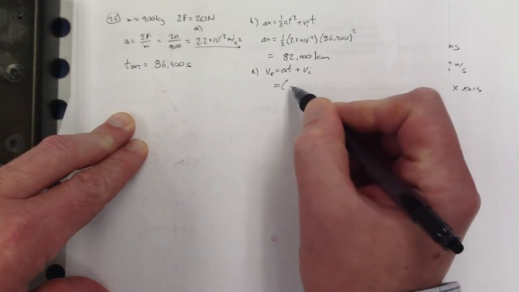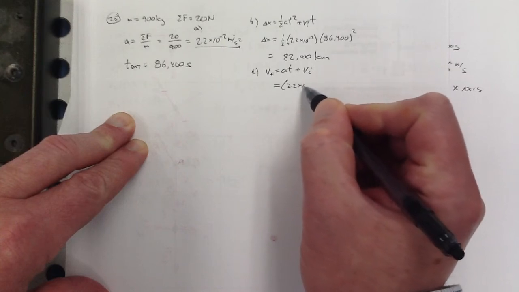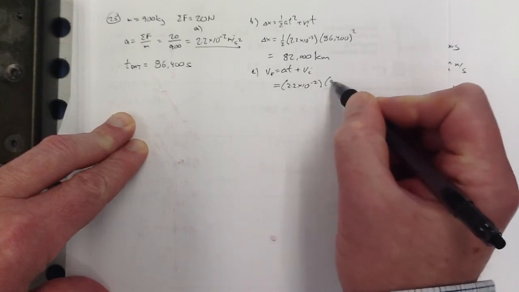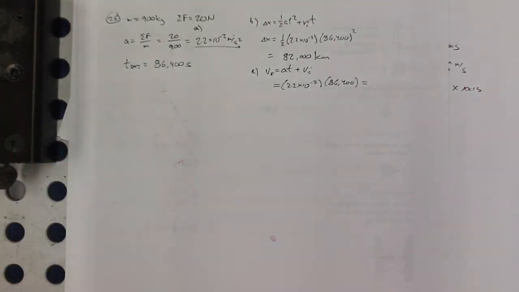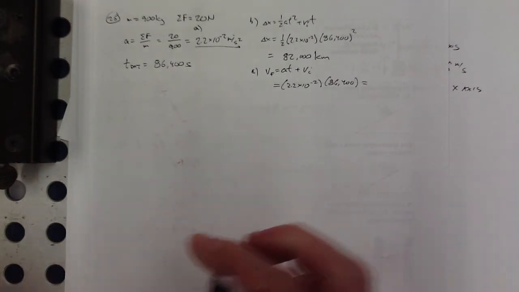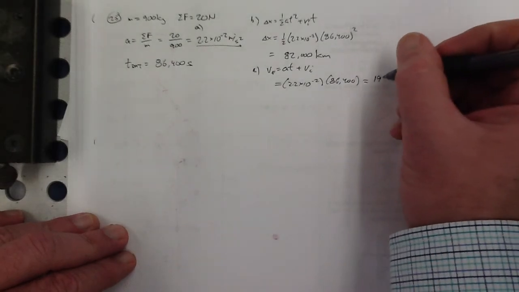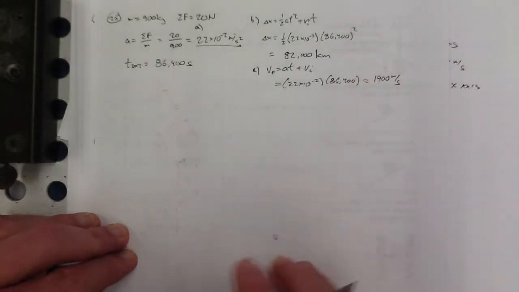So that's my acceleration, 2.2 times 10 to the negative 2 times 86,400, which is about 1,900 meters per second.